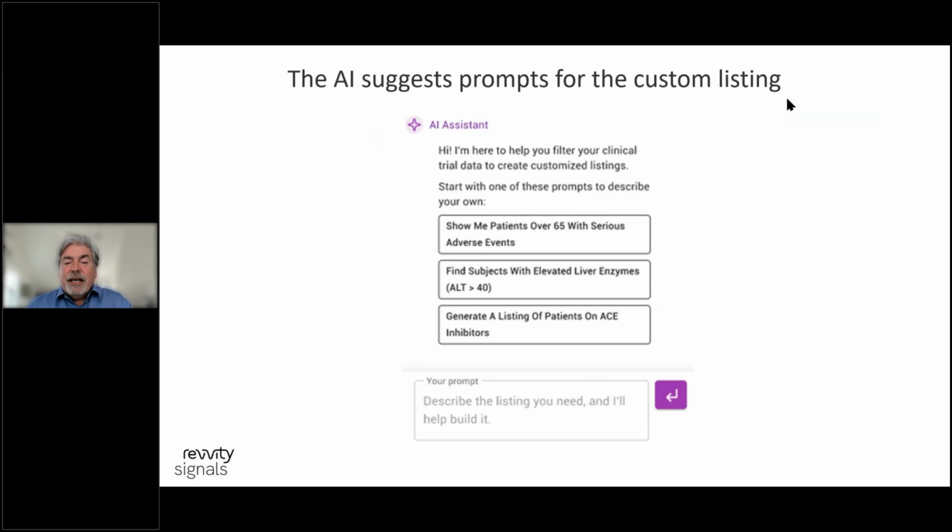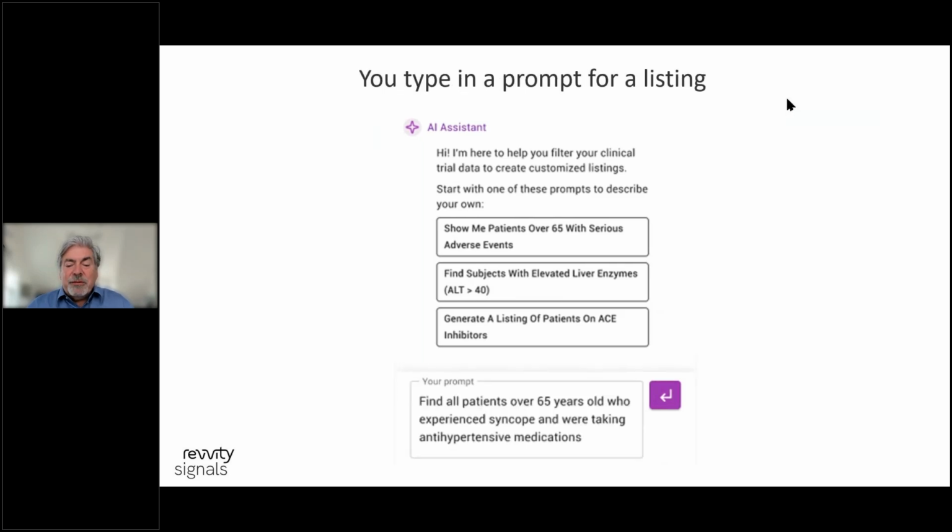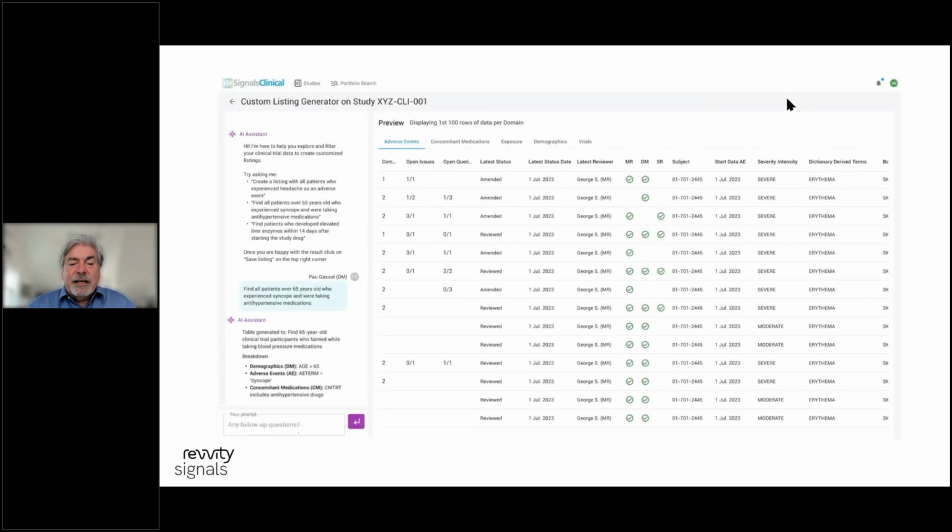The agentic AI is simply recognizing you're on the session, and it asks you to describe in natural language what listing you want. So perhaps we ask it to give me a listing of patients over 65 years old with syncope who are taking antihypertensive medications. This requires data from multiple sources. It gives you an answer, and you can see the answer on the right.